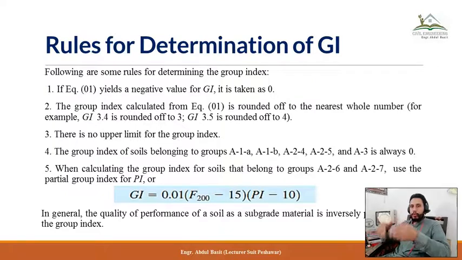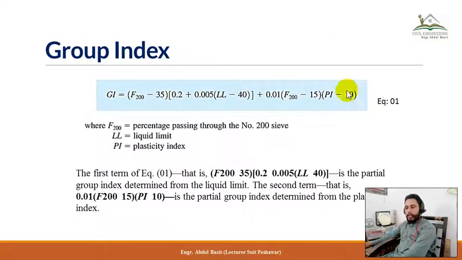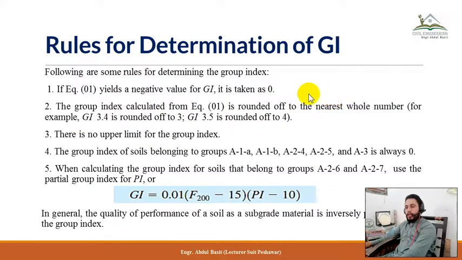You will put these values in the equation and calculate what figure we are getting. If equation 1 is giving us a negative value, you will consider the group index as 0, because there is no negative value for group index.